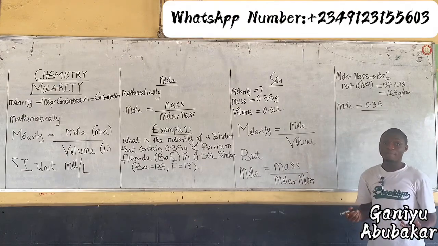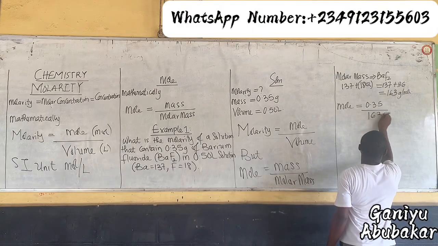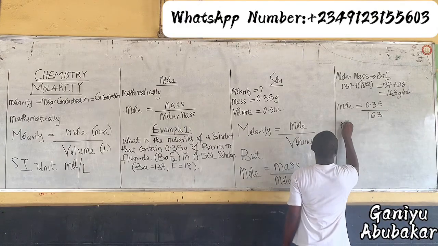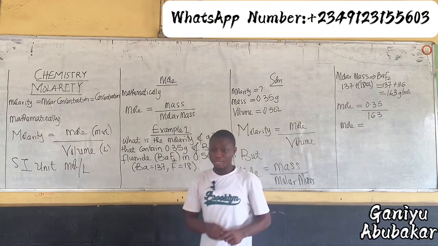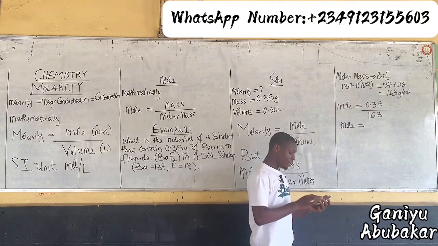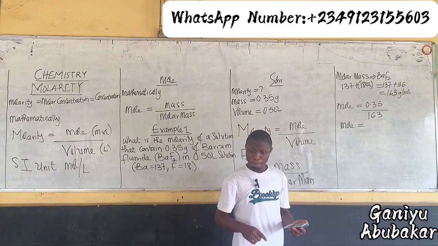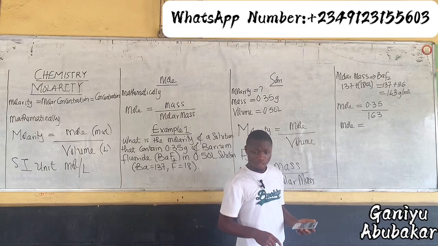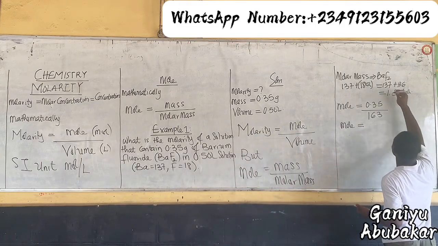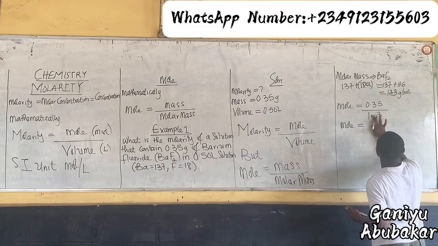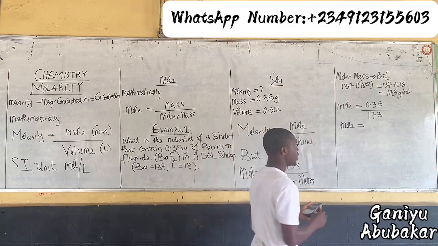We already calculated molar mass as what? Hold on, please, I think 173. This is 173, please. Not 163, please. 173. Alright, if you add that together, you have 173.